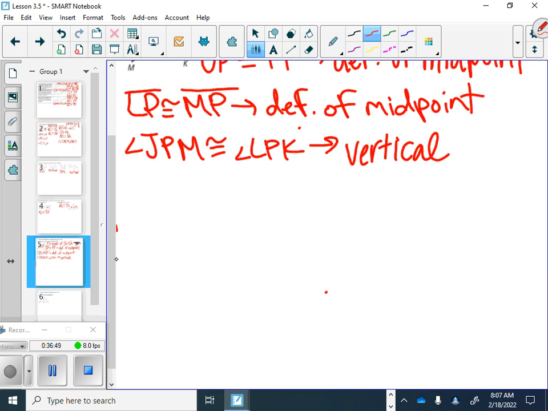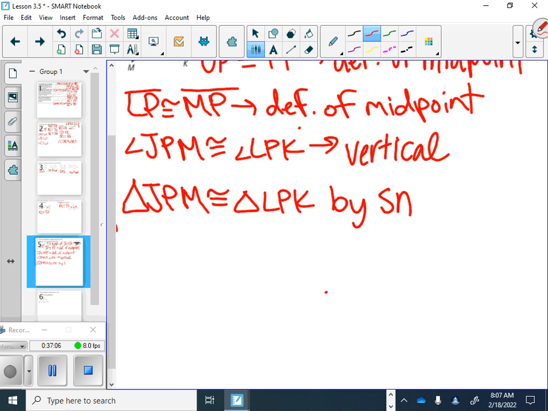I can now say that triangle JPM, we'll just word it exactly like this, JPM and LPK are congruent by side, angle, side. And one notation to say that, hey, I've said what I've said, I'm done, is a box, and you can either just put an X in it, or you can color it in real fast. That box is just saying, I've said what I've said, I'm done, that's it.